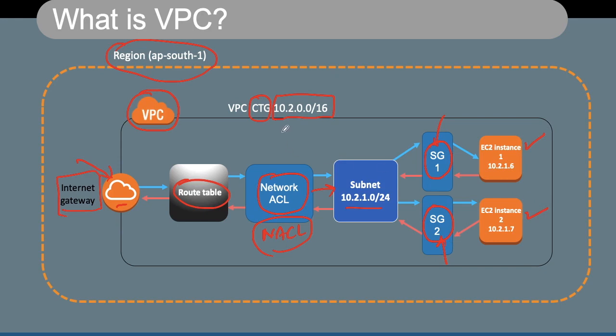So you have basically two levels of security here, actually three levels of security. One is Internet Gateway, which is typically not the security part of it but gives you access to the internet, then the network ACL, and the security groups which have inbound and outbound rules to give access to these EC2 instances.